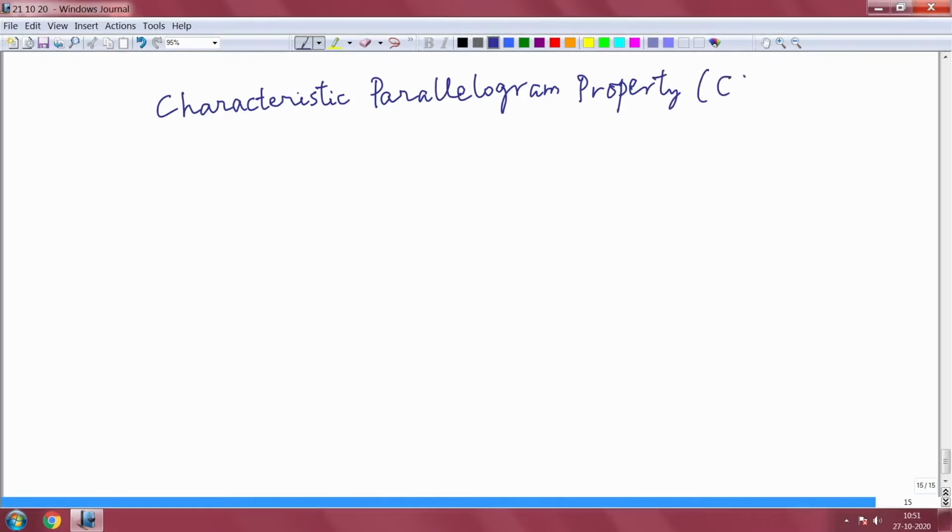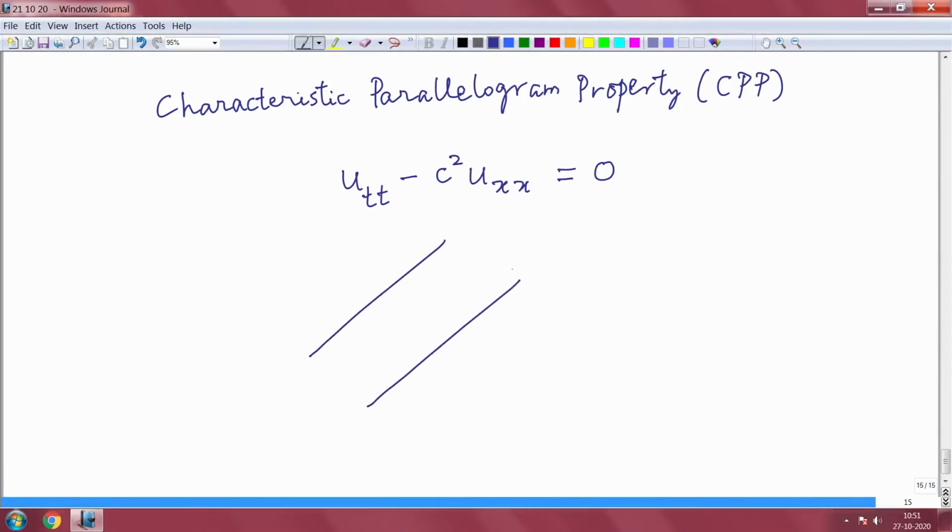Okay, so CPP. Again we consider the wave equation. Here the initial conditions are not explicitly used, but they are in the background. So, this is the wave equation. Now, you consider a parallelogram, not any parallelogram, but a specific one.